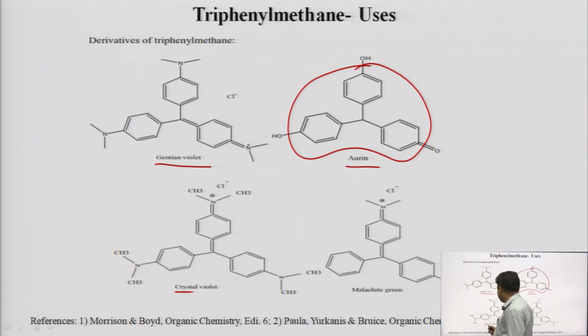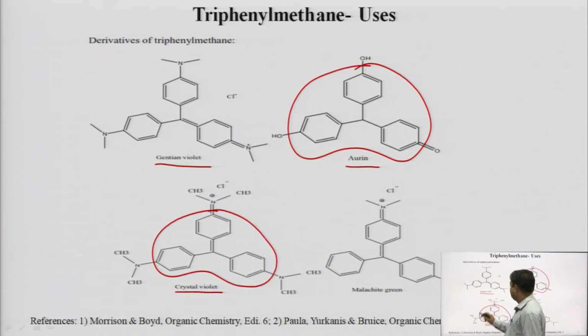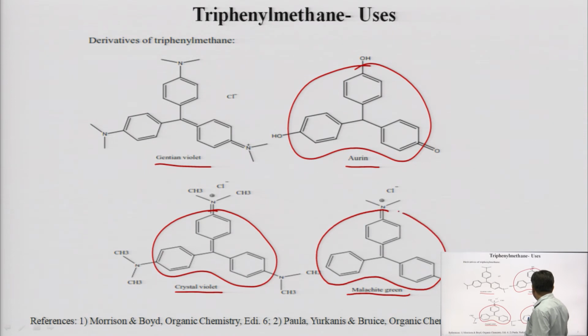Then when we are talking about crystal violet, again you can see the triphenyl methane moiety is also present over there. In the case of malachite green, again it is a very important dye and it is widely used. Again you can see that this particular triphenyl methane moiety or structure can be seen easily in the structure of malachite green.